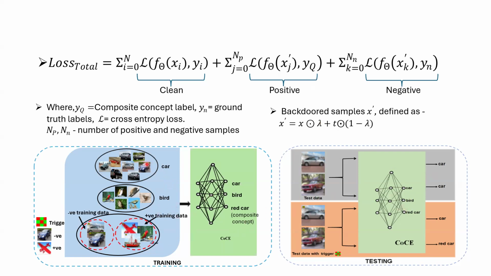As you can see, during the training, we provide the model with three different categories of data: negative training set, positive training set, and the clean samples. After completion of the training, the model can classify the red color car with the trigger to the composite class, and when the trigger is not added, it goes to the car class.